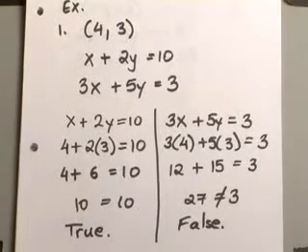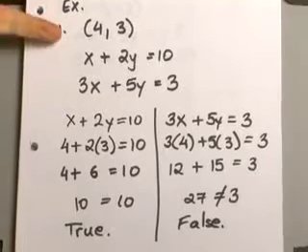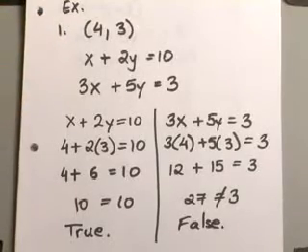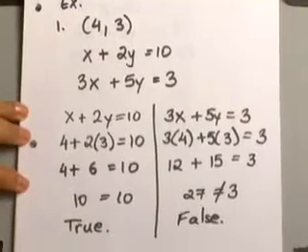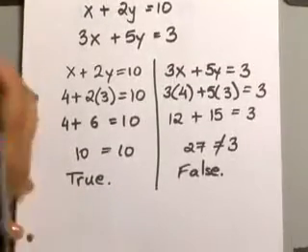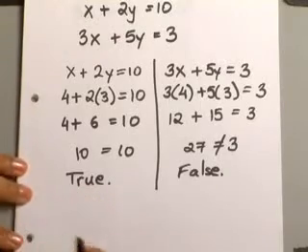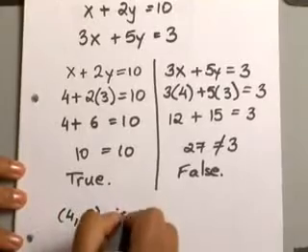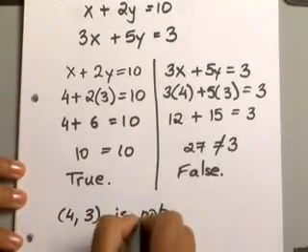So we can basically conclude that since (4, 3) satisfies one equation but not the other one, this cannot be a solution to this system, and therefore we cannot use (4, 3) as our answer here. So (4, 3) is not a solution.